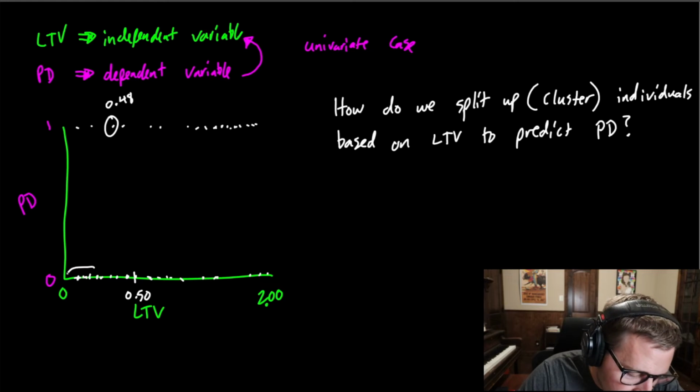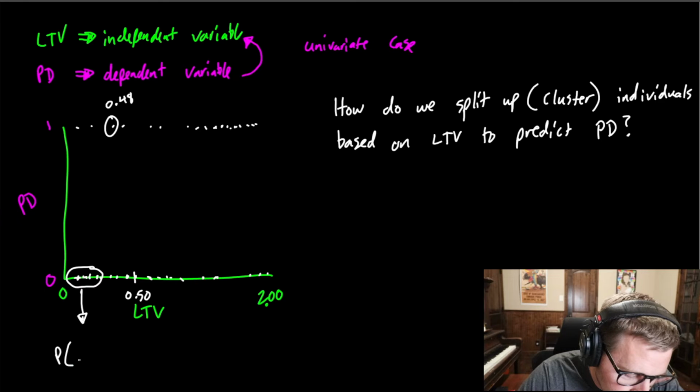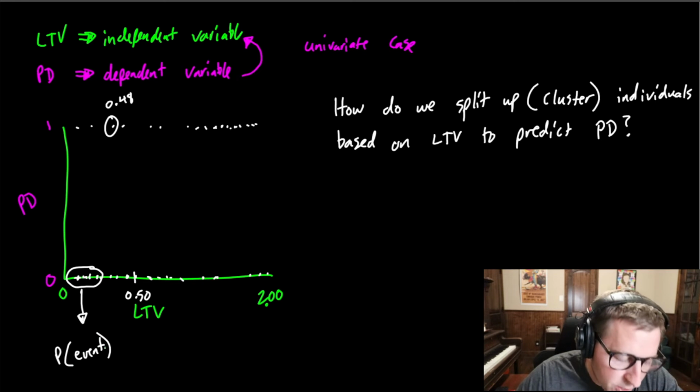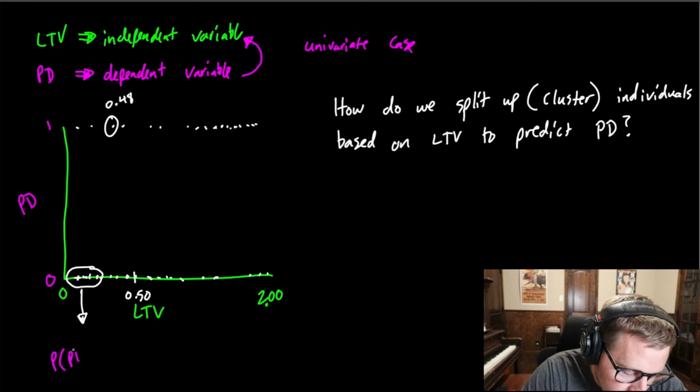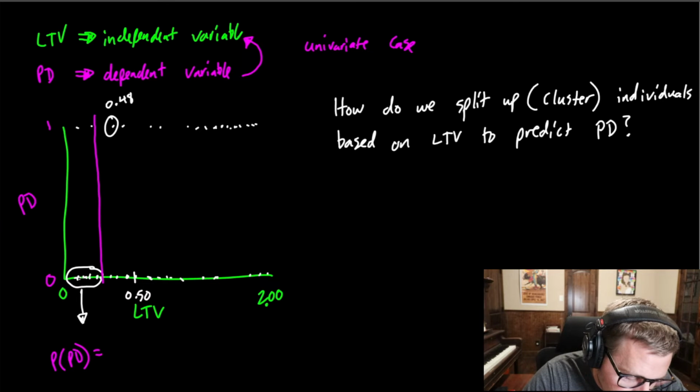We want to say, okay, this pocket seems to have a probability. So the probability of the event, which in our case is the probability of PD here, is just going to be equal to, in this pocket, right? So this is kind of the divisor. We have 1, 2, 3, 4, 5, like six zeros here.